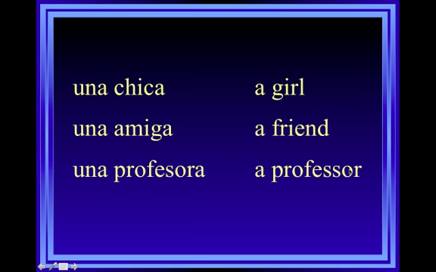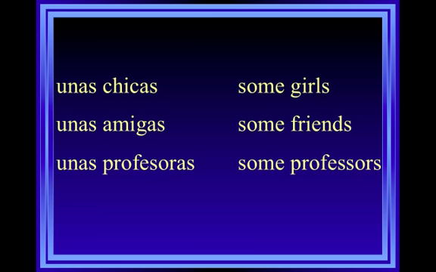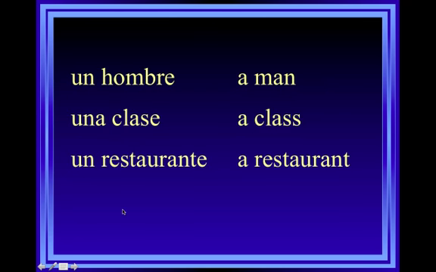And here's the same example, except these are all feminine. A girl, a friend, a professor. Now they're all plural. See how we've changed not only the noun with an S on the end to make it plural, but we've also added an S to the article. These are more examples of nouns that don't end in an O or A, and we have to just memorize that they're masculine versus feminine.